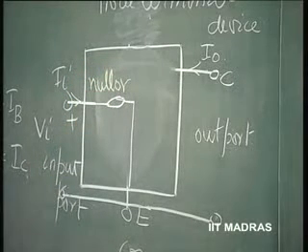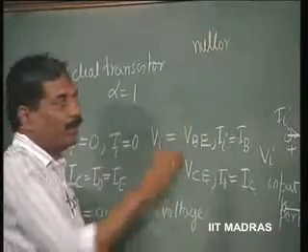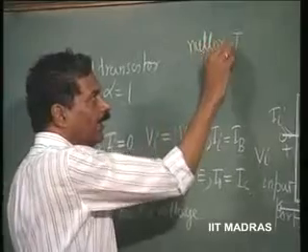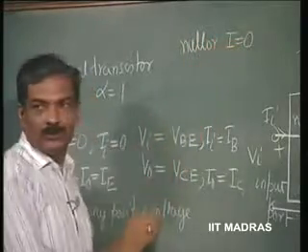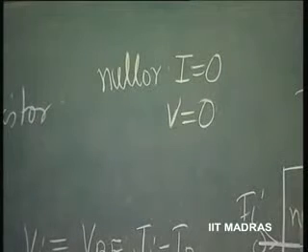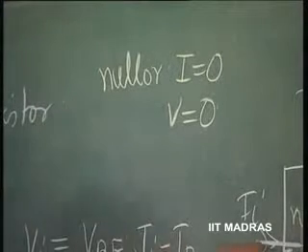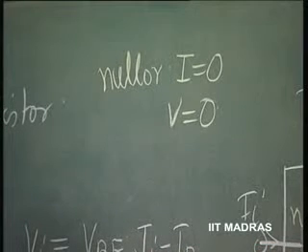What is a nuller? By definition, a nuller is something which has current I through it equal to 0 and voltage across it equal to 0. Null, both are nulls. Current through it is equal to 0, that means it will not allow any current to flow through, and voltage across it is equal to 0. So this is called a nuller.